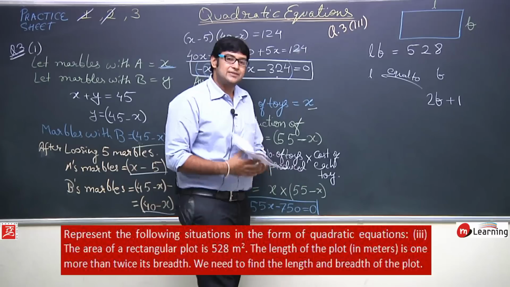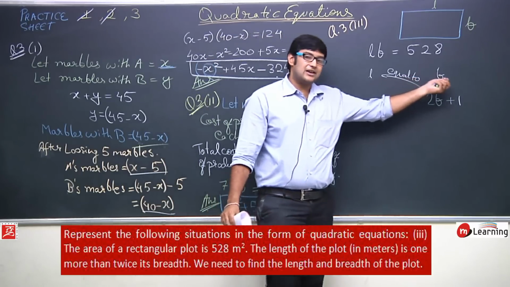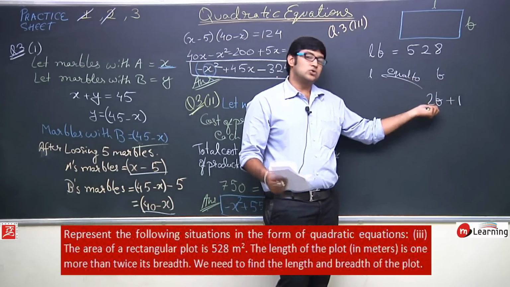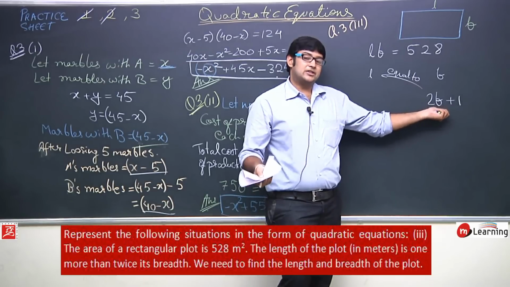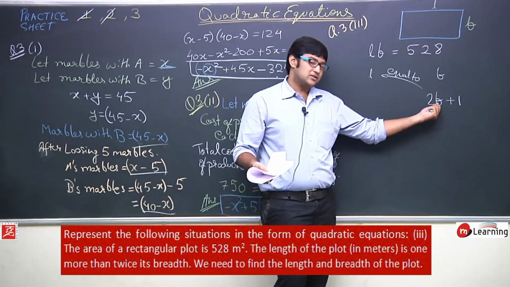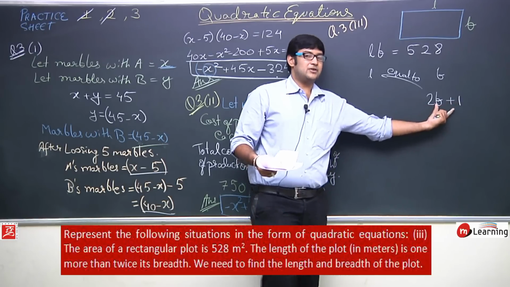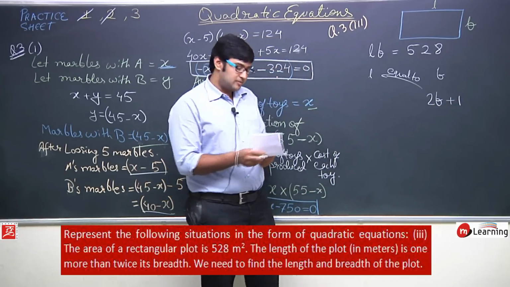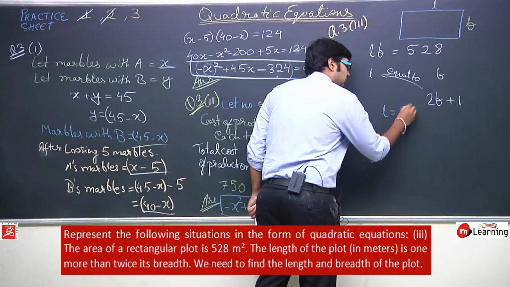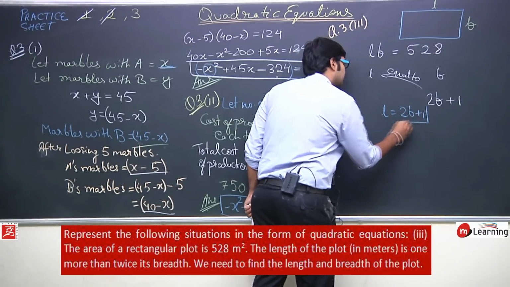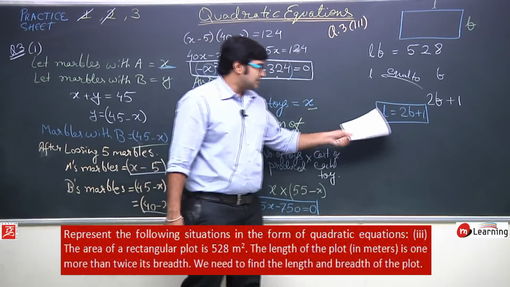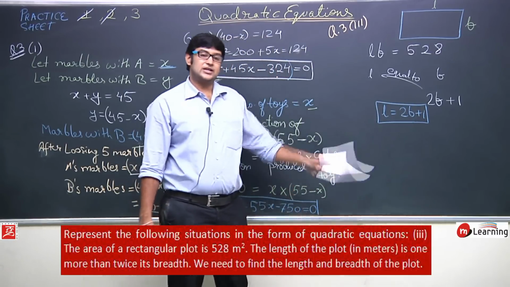The situation is very simple. The length and breadth are related in some manner. How are they related? Length is equal to 1 more than twice the breadth. So twice the breadth means 2B, and 1 more than this means plus 1. It means length is given as 2B plus 1. This is the condition.